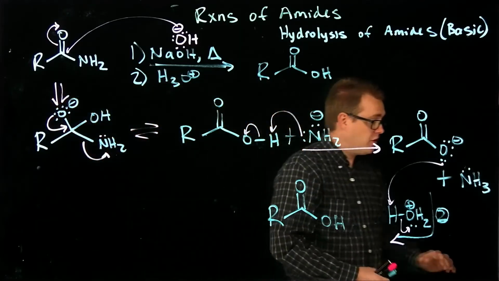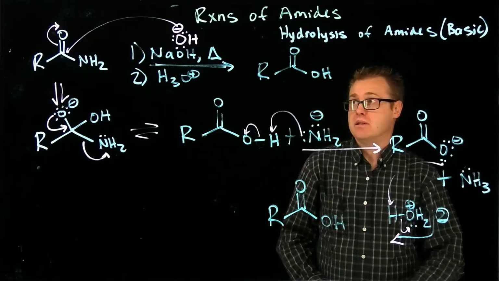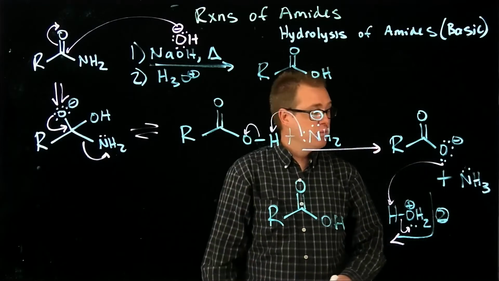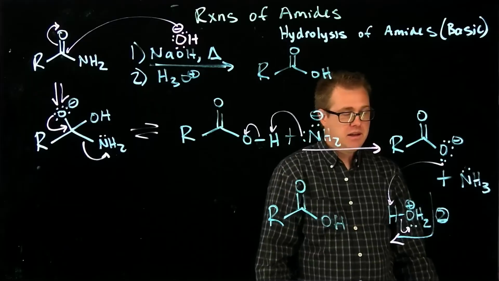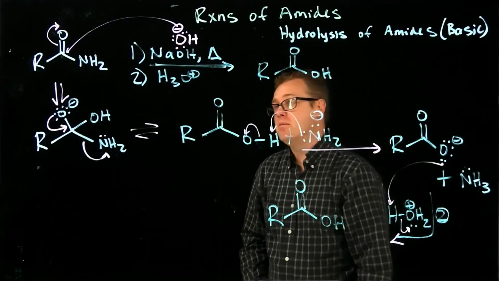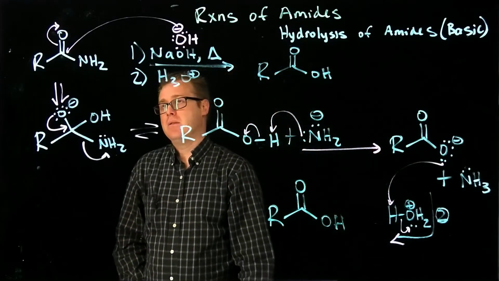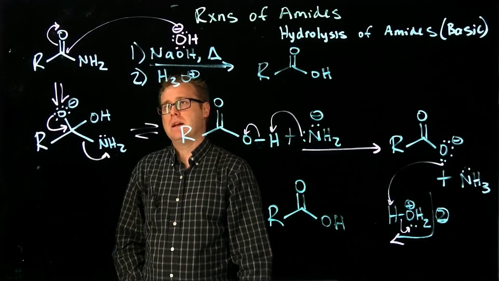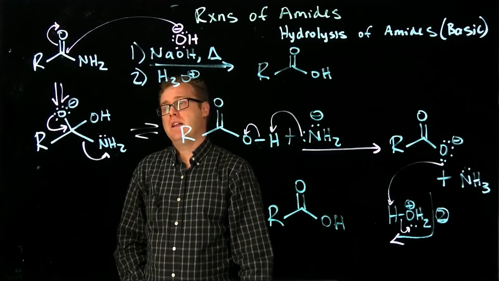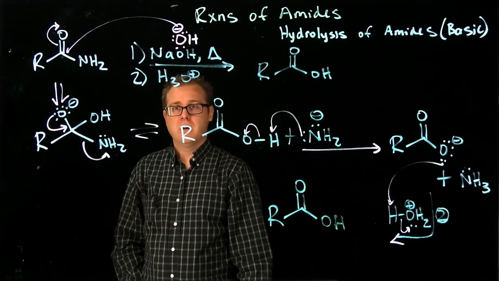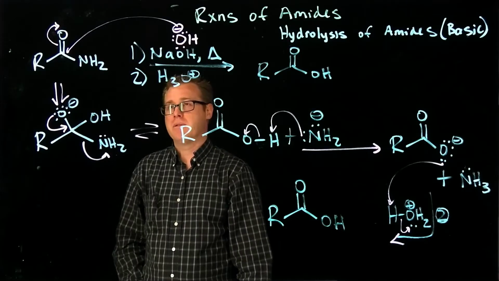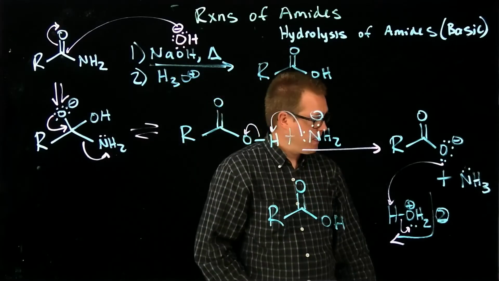You can also reduce amides into primary amines. It's very analogous to when you take an ester and you reduce it into an alcohol, or an acid chloride and reduce it into an alcohol.